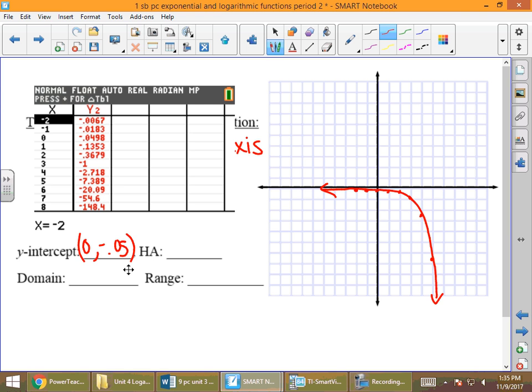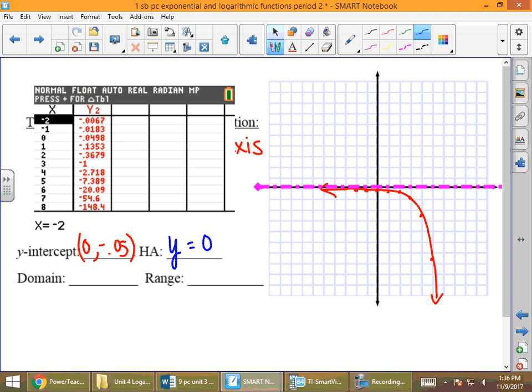Do we have a horizontal asymptote? It still seems to be the same value, here on the x-axis, which once again, our equation is y equals 0.